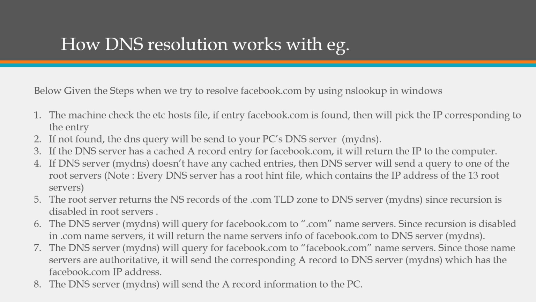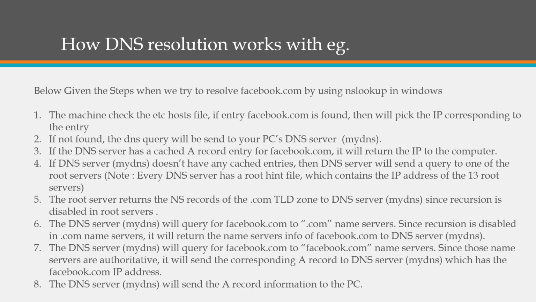to my DNS server. And then my DNS server will query for facebook.com to facebook.com's name server. Since those name servers are authoritative, and if you recollect, authoritative name servers are those DNS servers, it could either be a primary or a secondary, that's not a problem, but it has a copy of the zone.